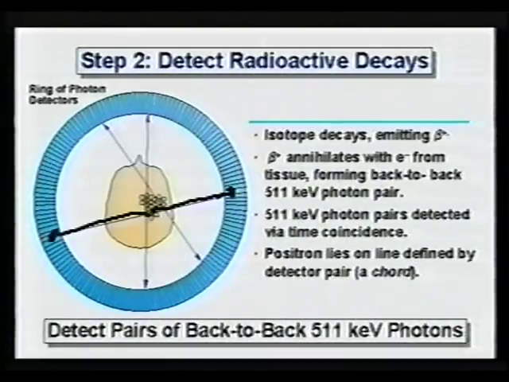When you see two interactions at the same time in your ring, then you know that your positron-emitting isotope lies somewhere along the line that connects those two detected points.